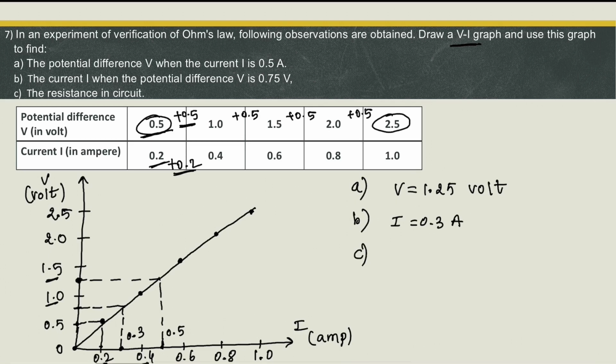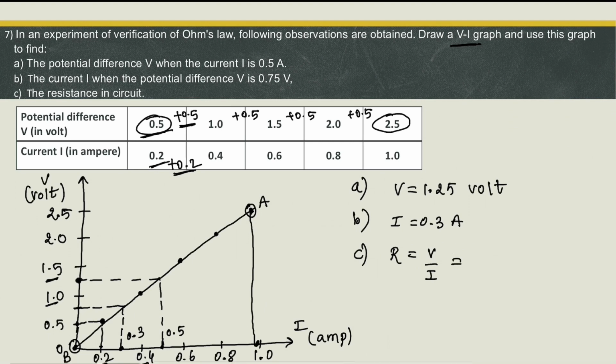And C, resistance. Now resistance formula is V upon I, and if you refer the graph, V upon I is nothing but the slope of the graph. Alright, slope. So take any 2 points to find out the slope. I am taking two extreme points. That is point A here and point B at the origin. And then we can find out what is the slope of the graph.